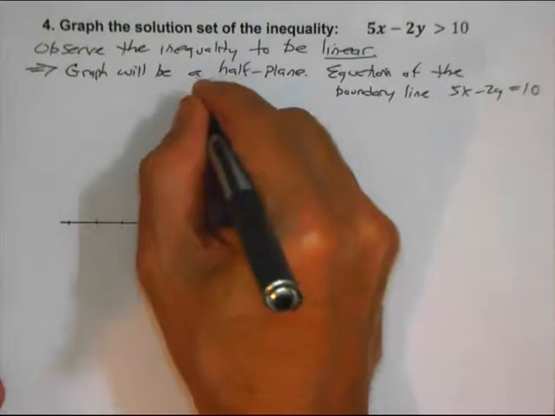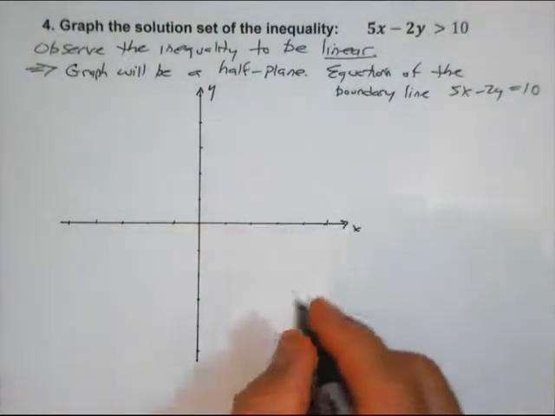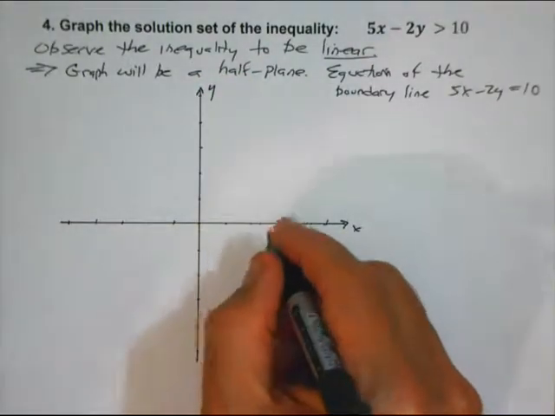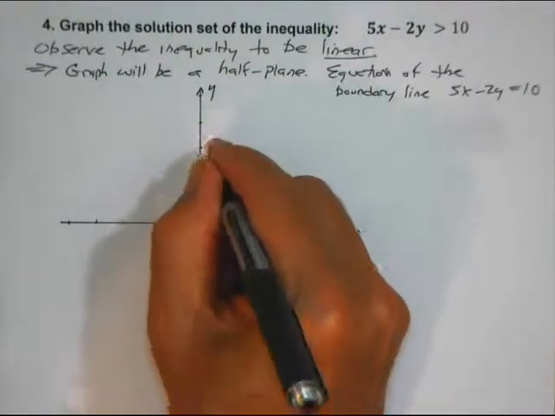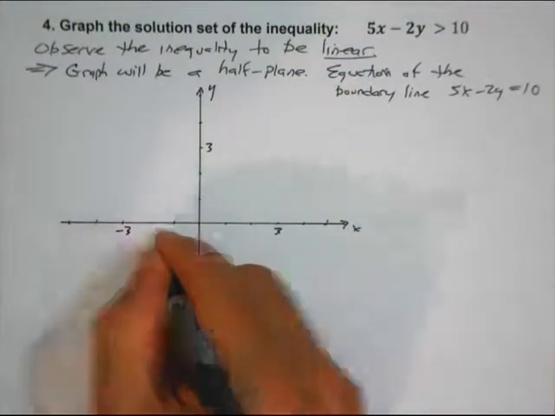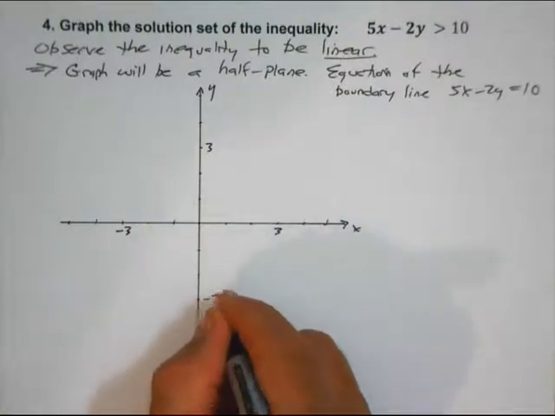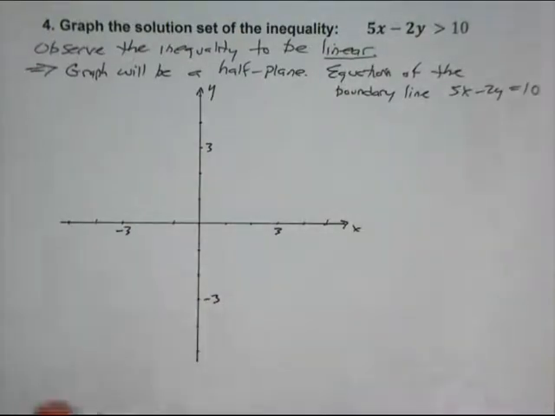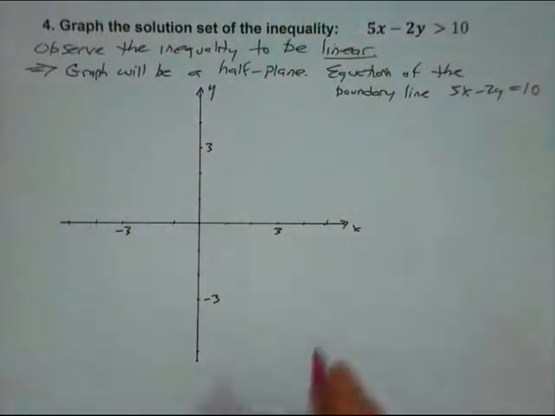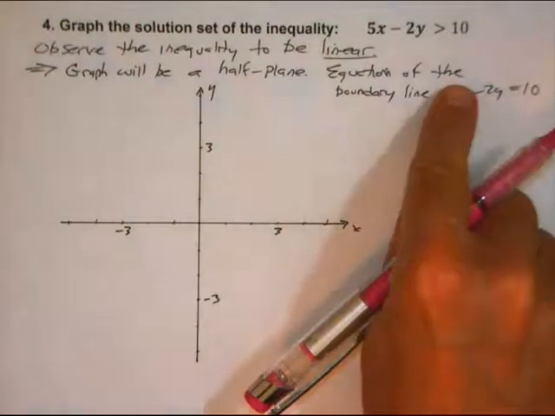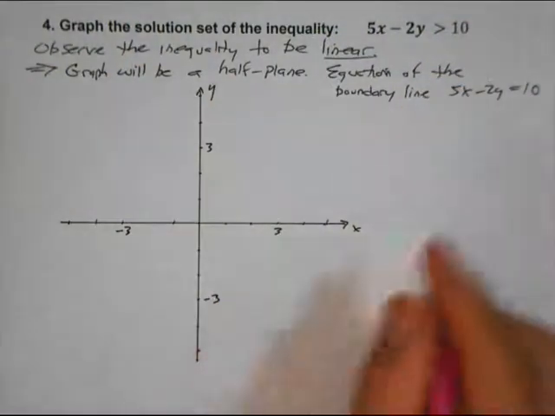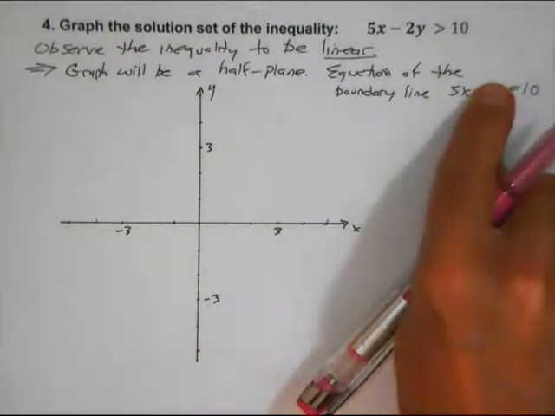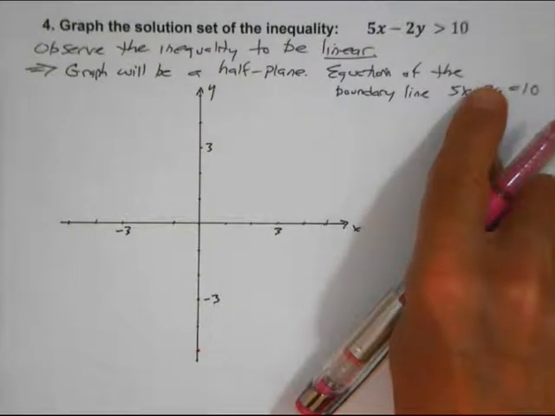Label the axes and let's scale them. 1 centimeter is 1 unit. Ready for the boundary line, contrasting color, and again we had x is 0, y is negative 5, and y is 0, x is 2.